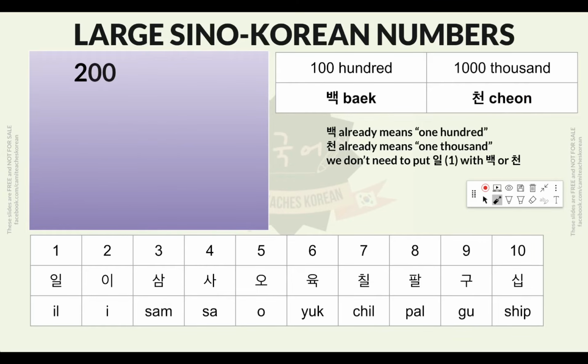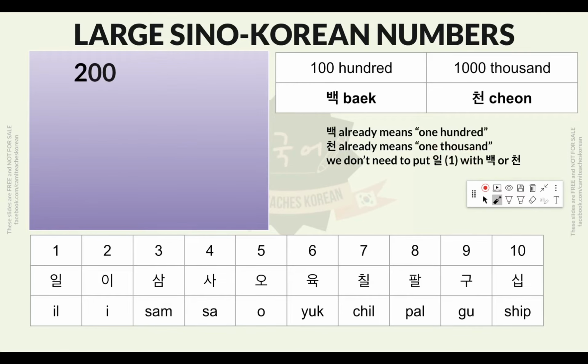We do not need to apply il sa baek or sa chon. Kasi itong dalawang word na to already means 100 and 1,000. So, redundant na po siya pag naglagay pa tayo ng il kay baek and chon. These are words on their own already. They have their own meaning na ng 100 and 1,000. Hindi na kailangan lagyan ng il.